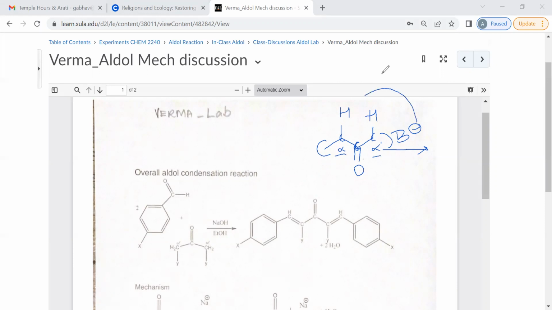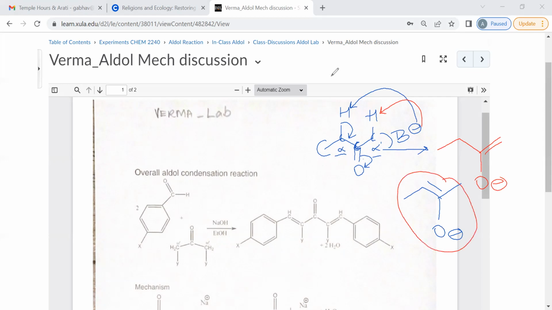If the base abstracts this hydrogen, what kind of intermediate will you get? You will get something like this. But if your base abstracts this hydrogen, then you will get an intermediate like this. Just by looking at these two, you know which is the more stable intermediate.